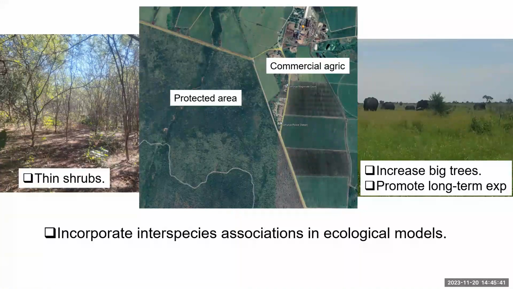So I would say we really need to plant big trees, because big trees seem to promote diversity in this region. Also, we need to promote long-term experiments, because this study, for example, was done in like 2 years, but this is a savanna. Also, context matters.